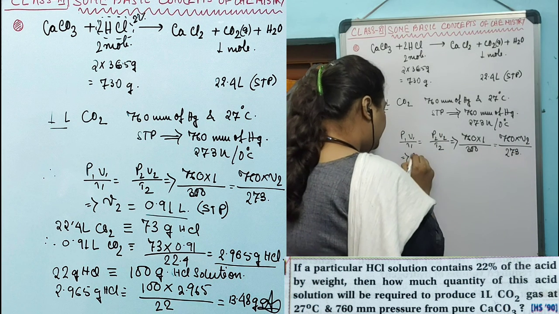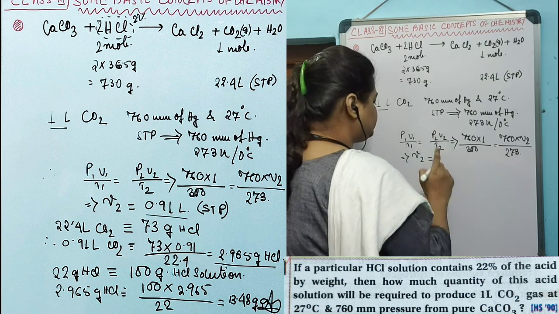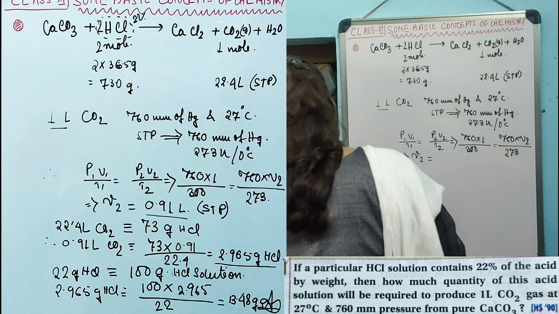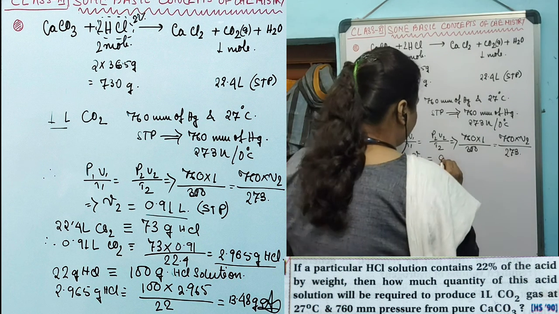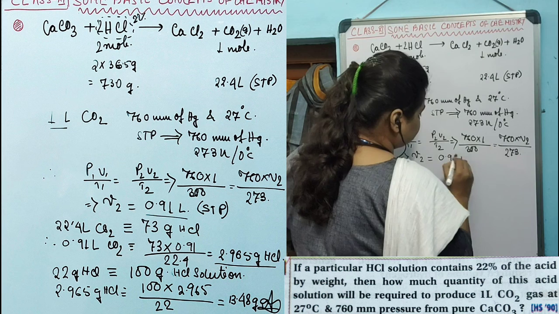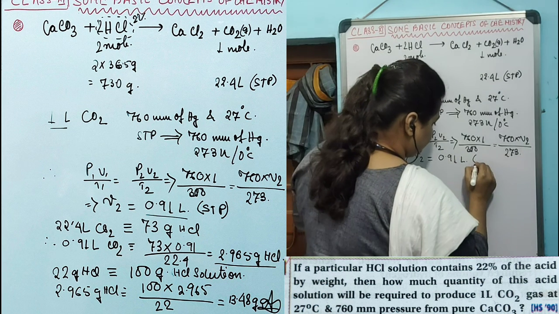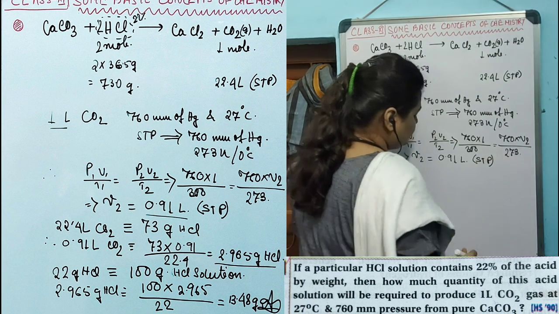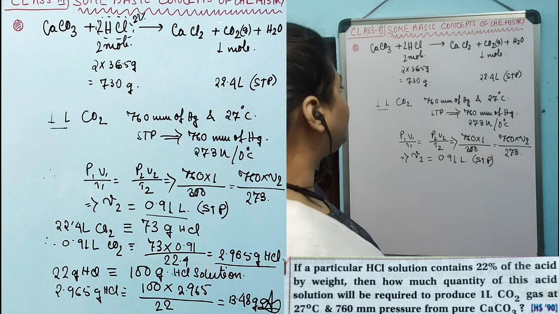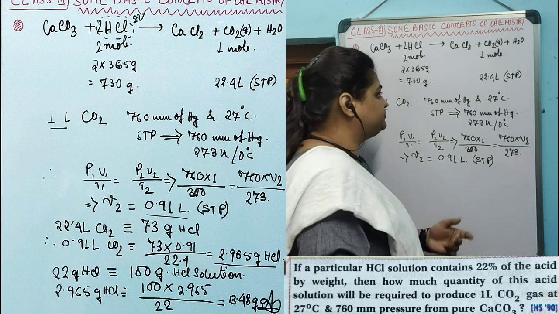By simplifying this entire equation, we can find the value for V2 is 0.91 liter. This is the volume of the carbon dioxide that has been produced at STP.